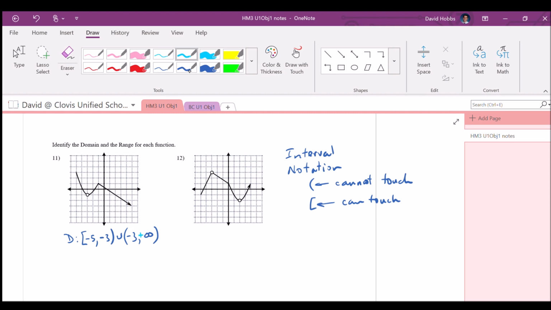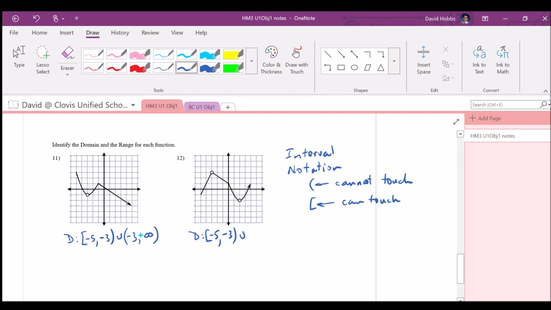Okay, let's talk about the domain for number 12. Okay, so again, left to right. So, oh my goodness, I realize that my domain here is going to be the exact same thing. I can touch at -5, I can't touch at -3.